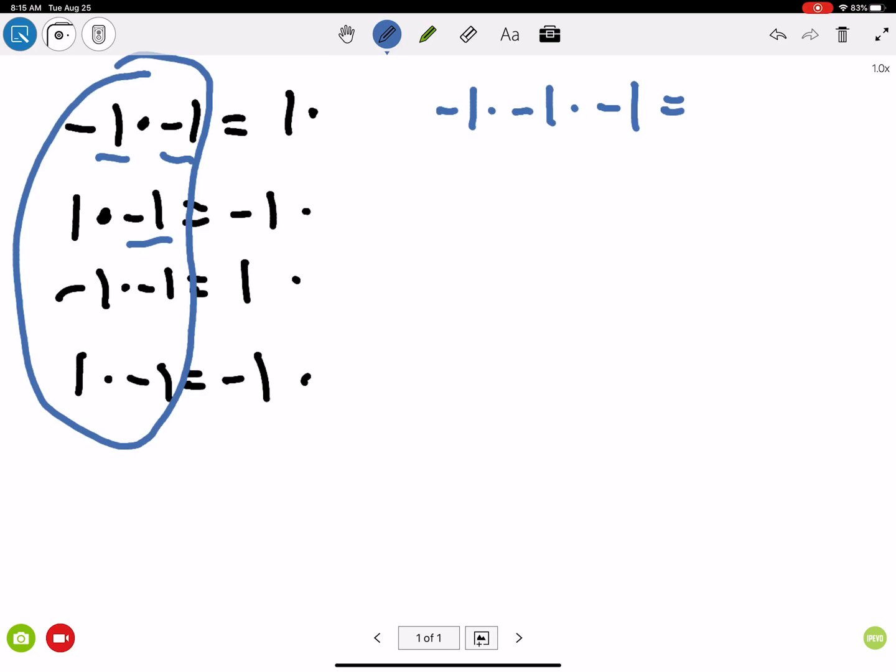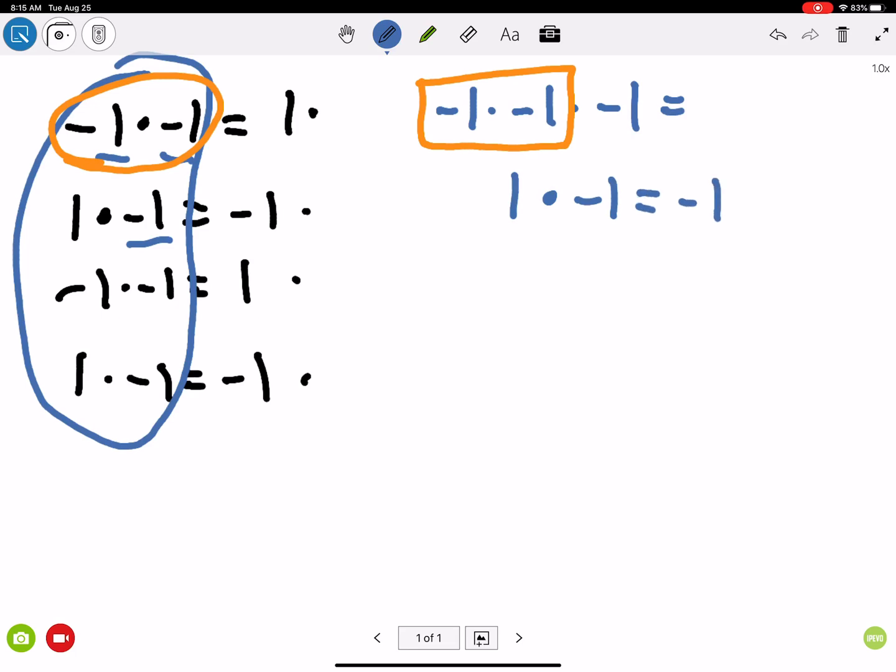So if I just look at the first part, this is the same thing as what we did here. A negative times a negative gave me a positive, and I took +1 times -1, which gave me -1.